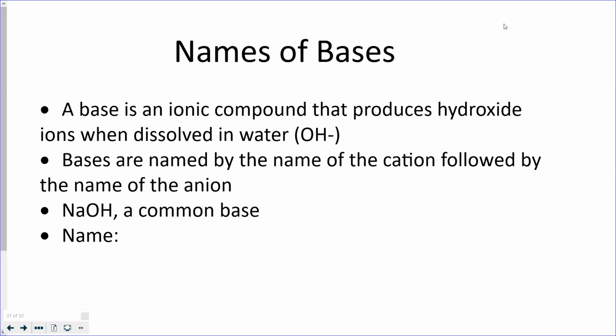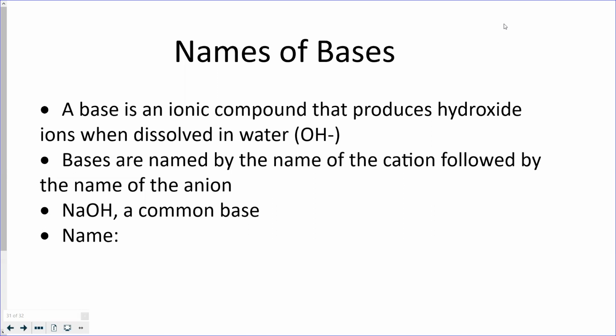All right, so switching over and looking at bases. Like I said, bases are still an ionic compound, but they are ionic compounds that produce hydroxide ions when dissolved in water. So these are going to have that polyatomic hydroxide as part of their formula or their name. These are named just like any other ionic compound. So bases are named by the name of the cation, followed by the name of the anion.